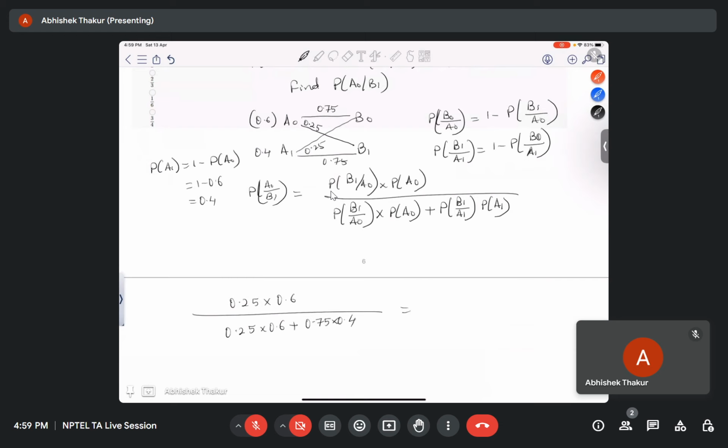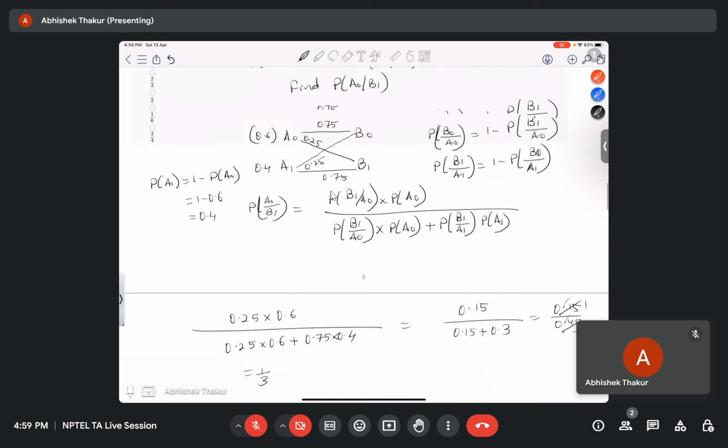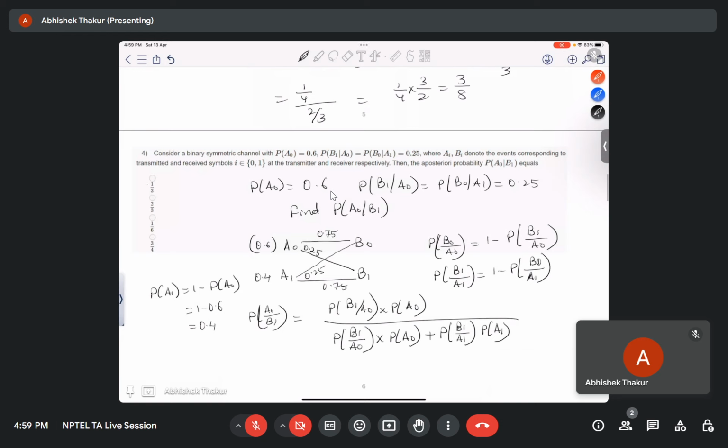So this value is 0.15 divided by 0.15 plus 0.3. So this will be 0.15 by 0.45. The final value is 1 by 3. Is this among the options? Yes, option A is 1 by 3. So the a posteriori probability of A naught given that B1 has occurred is 1 by 3.